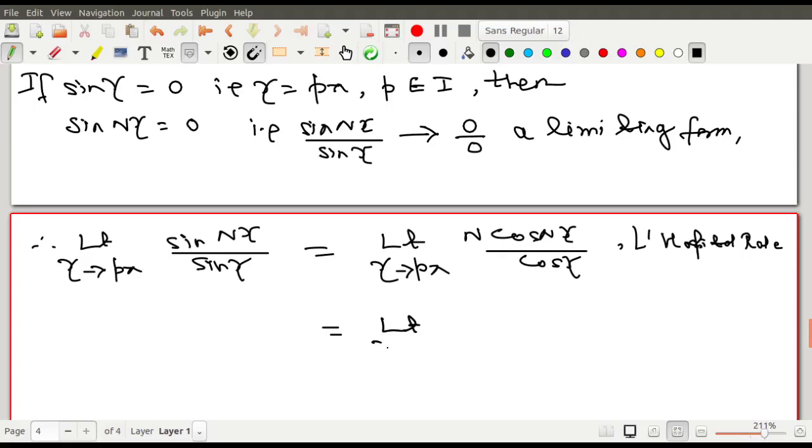So this turns out to be the limit, where you substitute p pi. So cos p pi is plus or minus 1, and cos n p pi will also be plus or minus 1, so the value here is either plus n or minus n.